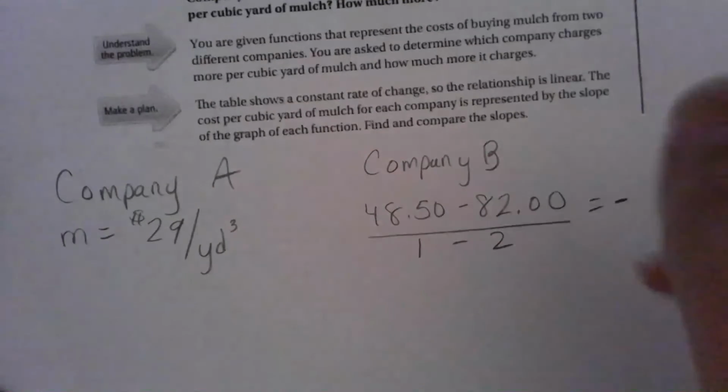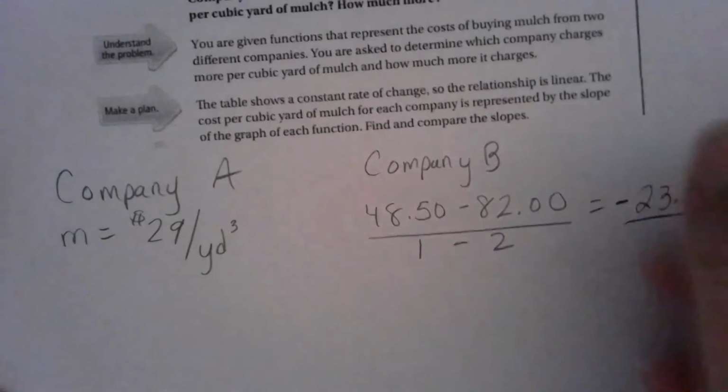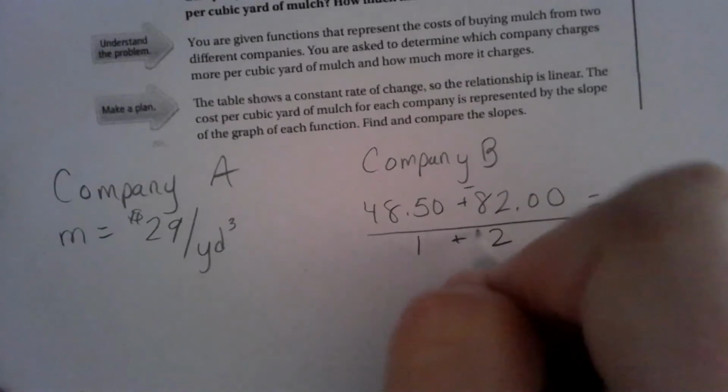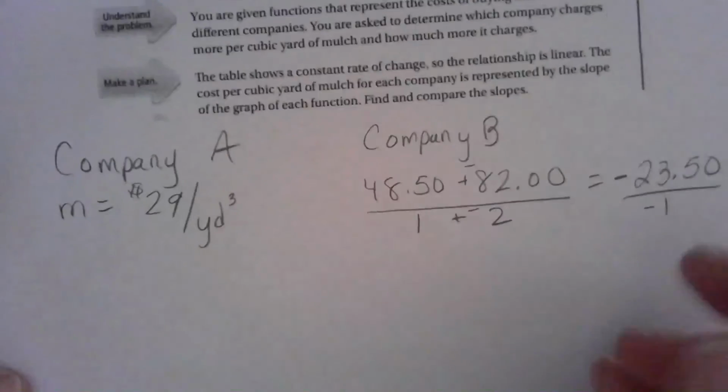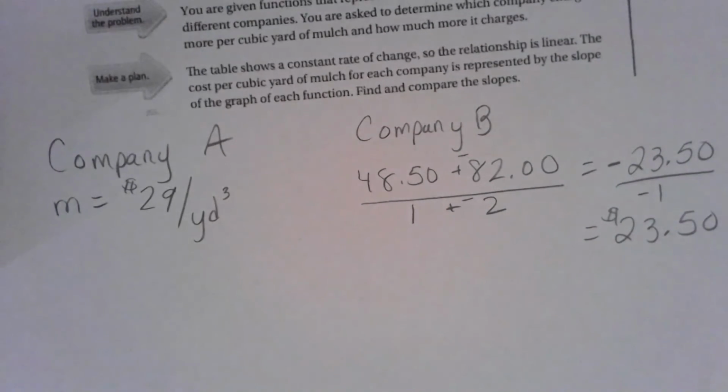Yeah, 23.50. Okay, so 23.50 all over -1, right? So negative over negative is 23.50.